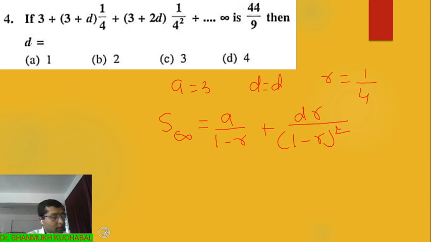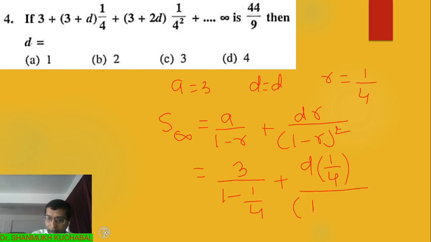Now we substitute a equal to 3, 1 minus r equal to 1 by 4, d as it is, r is 1 by 4, and 1 minus r is 1 by 4 whole square. Then if you simplify, we get 4 plus 1 by 4 times 16 by 9 d.